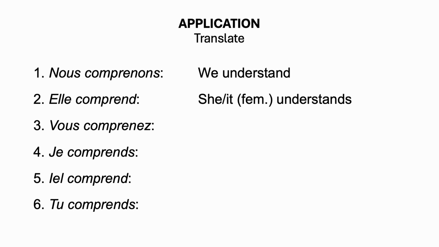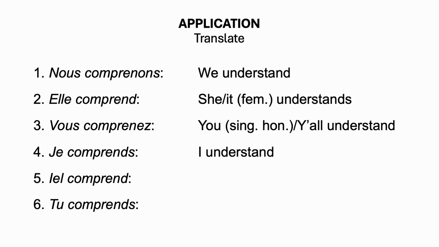3. Vous comprenez. Répétez, vous comprenez. You understand if you talk to someone that you want to show respect to, or you understand if you talk to a group of people. 4. Je comprends. Répétez. I understand. 5. Iel comprend. Répétez.